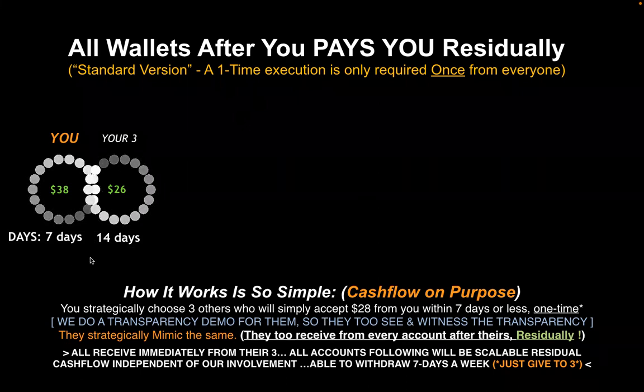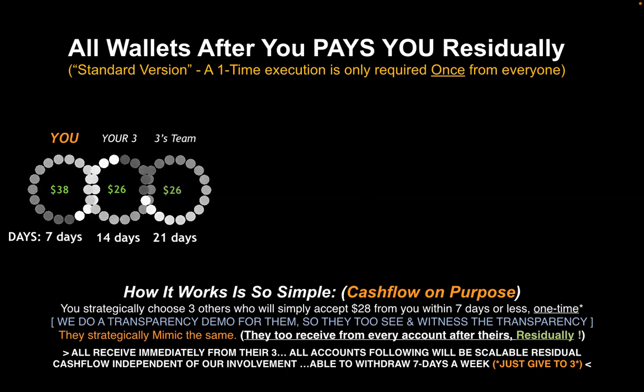So look here. There are 3. So your 3's team. So at this point, you've already done your one-time involvement. Your 3 have already done their one-time involvement. Now, your 3's team is doing their one-time execution. They received 26, just like your 3 did, just like you did.